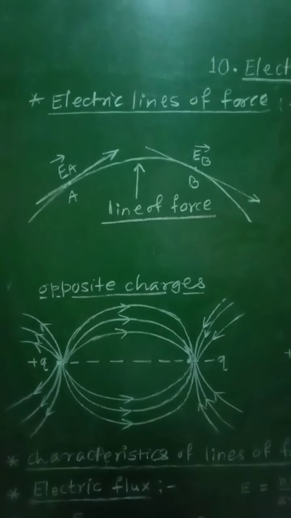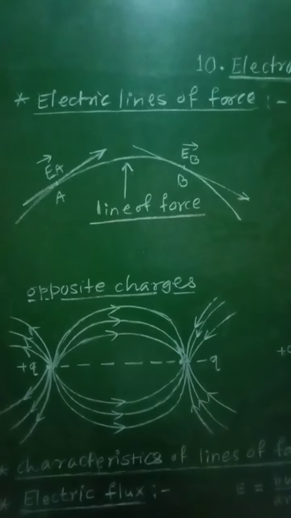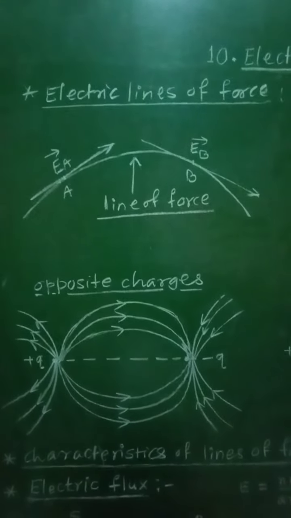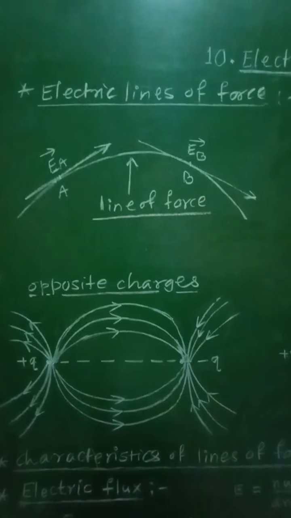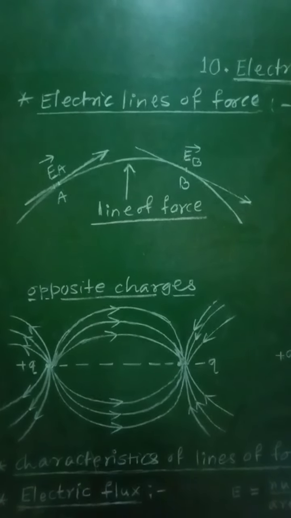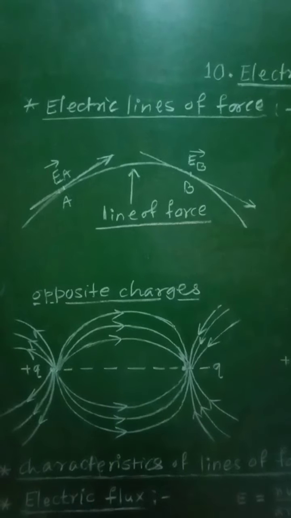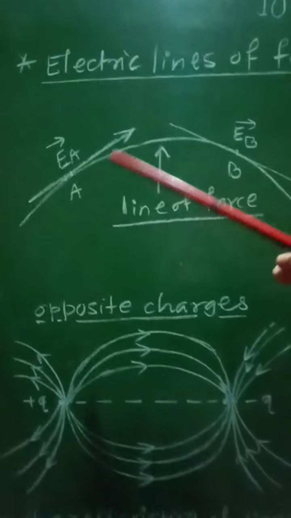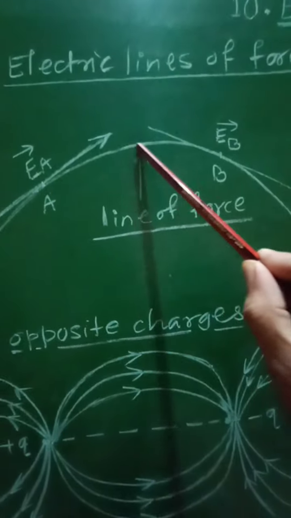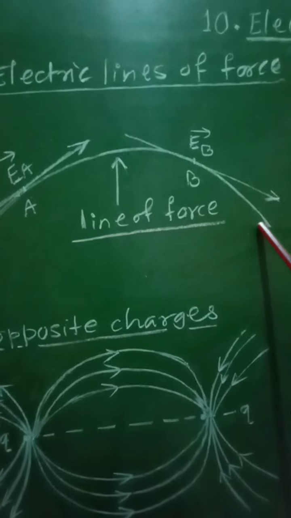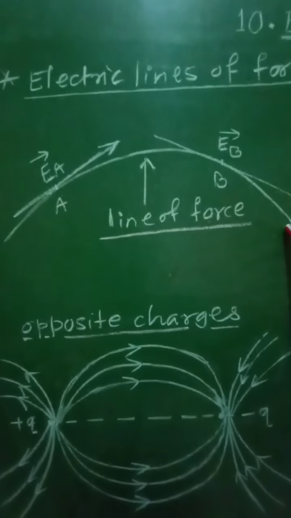A line of force is defined as the curve to which a tangent drawn at any point gives the direction of electric field at that point. Then in this case, this curve will represent a line of force for a given test charge.